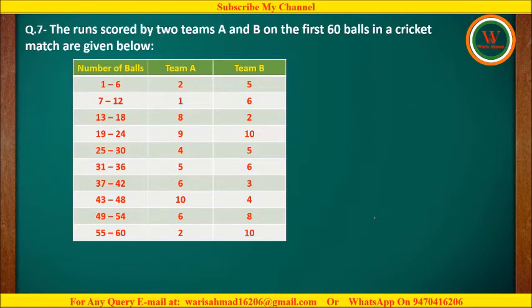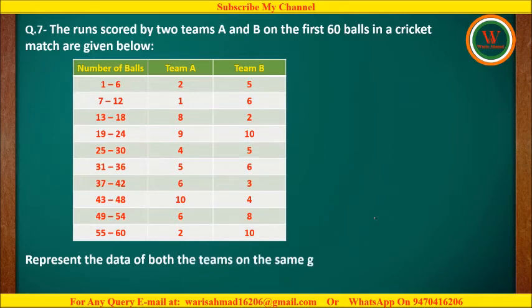Similarly, 7 to 12, team A scored 1 run, team B scored 6, and so on. The next line of the question is: represent the data of both the teams on the same graph by frequency polygons. So here we have to draw the frequency polygon of the given data on the same graph paper.